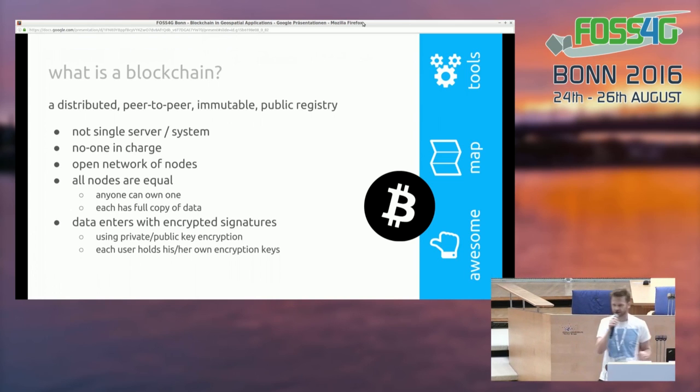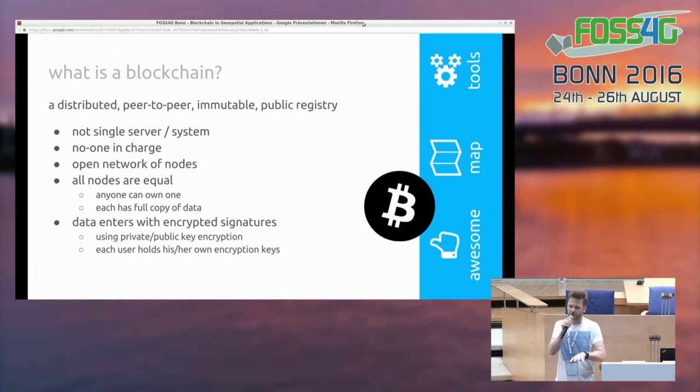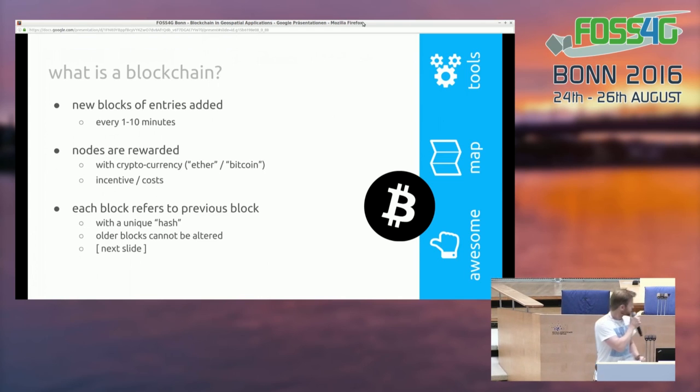When the data enters the registry, we use public-private key encryption. And new blocks are added to this registry every 1 to 10 minutes. The nodes are rewarded with cryptocurrencies such as Bitcoin or Ether, and that covers the cost and creates an incentive to run this network.